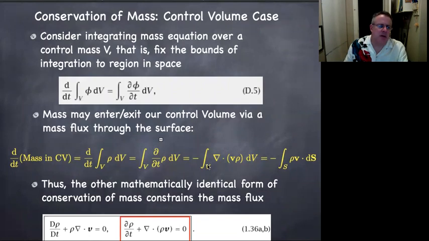In fact, if there was some small location where this integrand didn't equal this integrand, we could make that volume just single out that spot, and then this equality would not hold.